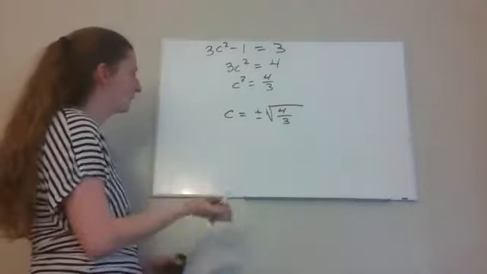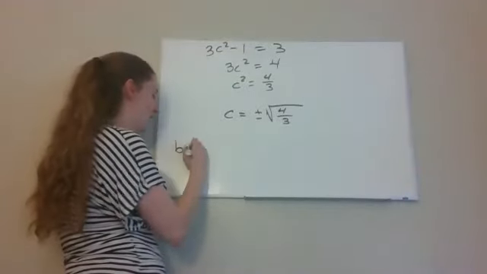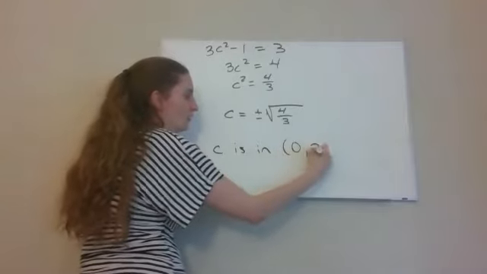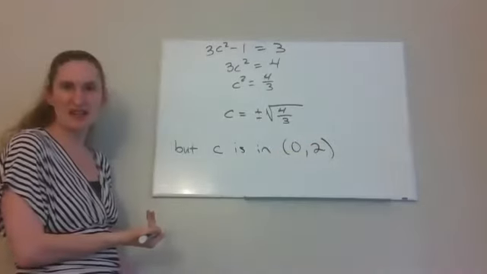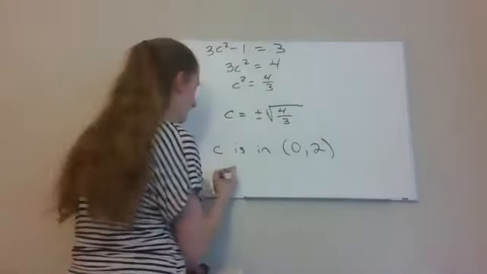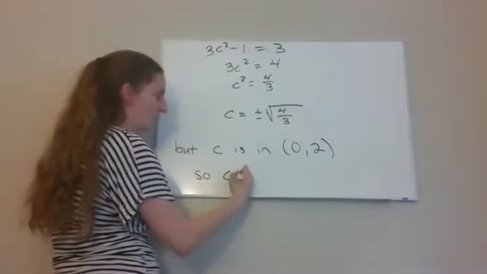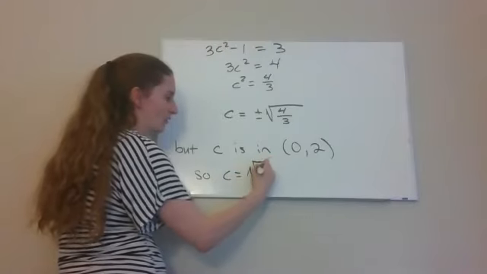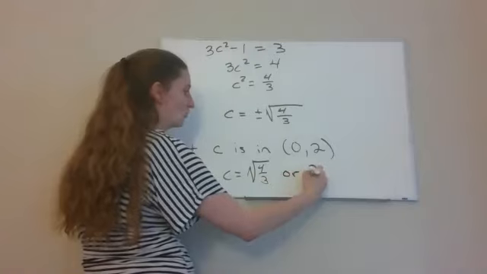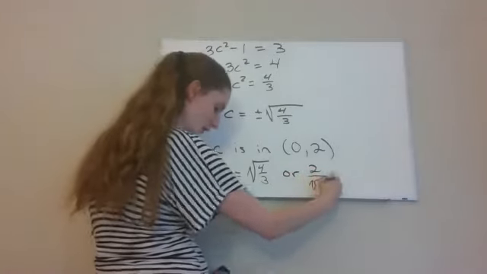Well, I'm supposed to have a C in the interval 0, 2, so I'm not going to need the negative root, but the positive root is in that interval. So C equals the positive square root of 4 over 3, which is the same thing as 2 over the square root of 3.